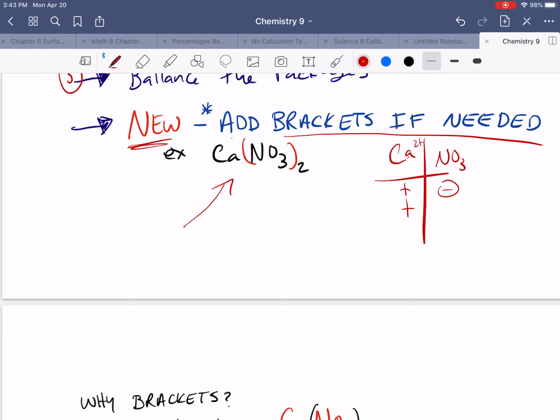You'll notice that this one needs another package to balance. So we need to use brackets around the NO3 to indicate that you need 2 packages of this substance. You use brackets kind of like in math, to indicate that the 2 applies to all of this. NO3 is 1 package, and you need to indicate how many you used.